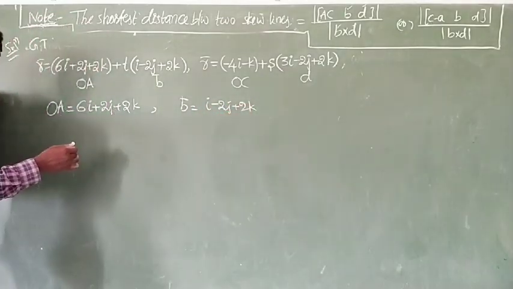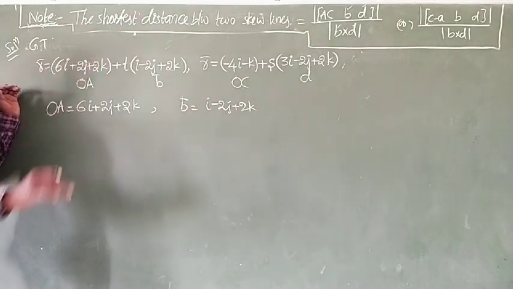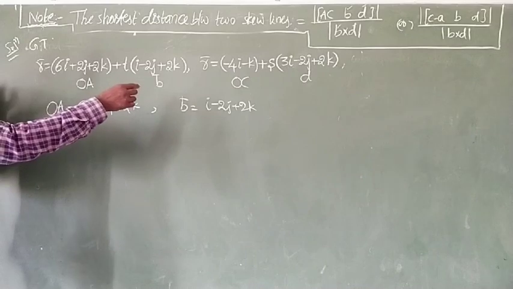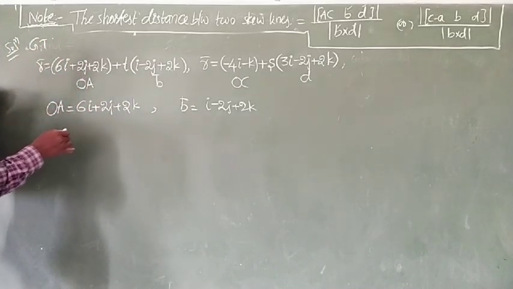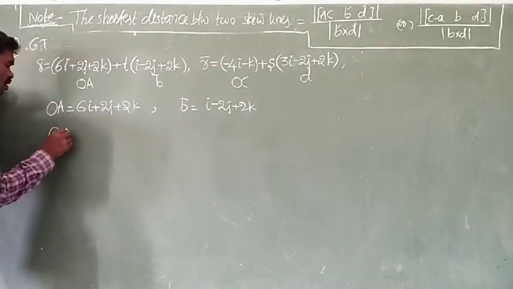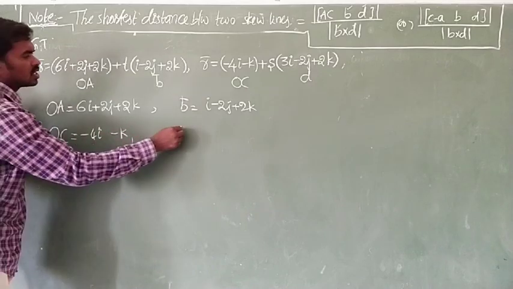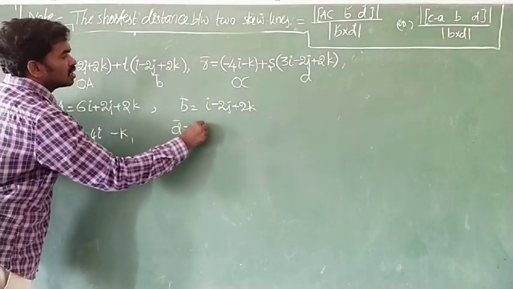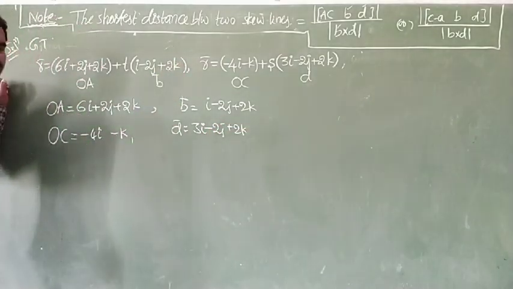This is very easy, just remember the two steps. Even remember the answers, because this question is that important. Next, from the second line, OC is minus 4i minus k, and d bar is 3i minus 2j plus 2k.